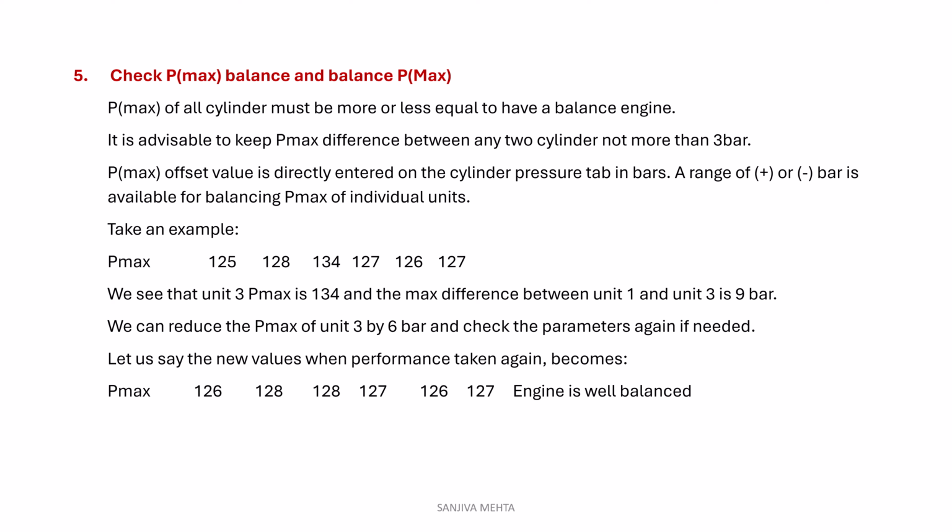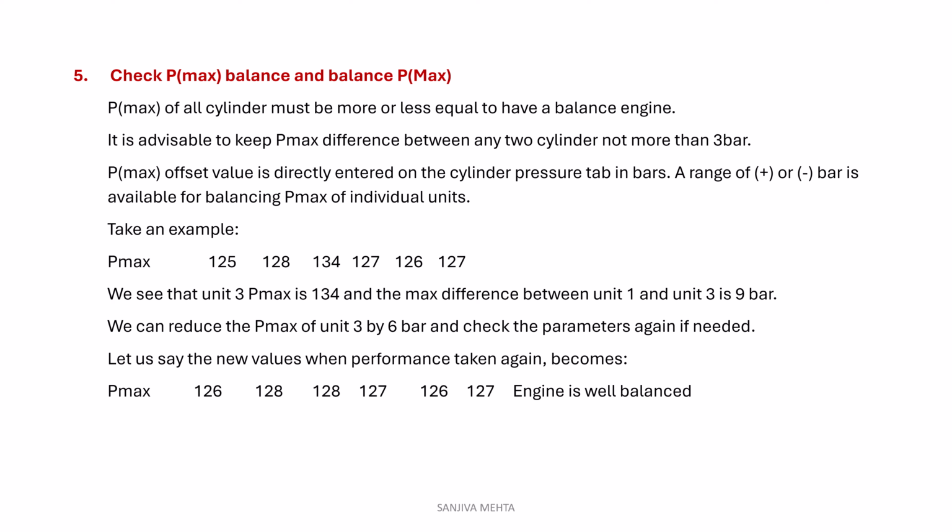And the maximum difference between unit 1 and 3 is 9 bar. We can reduce the Pmax of unit 3 by 6 bar and check it again. Let us say the new values when performance is taken become 126, 128, 127, 127. If it's now balanced, don't do anything. If it's still not in balance, change again.